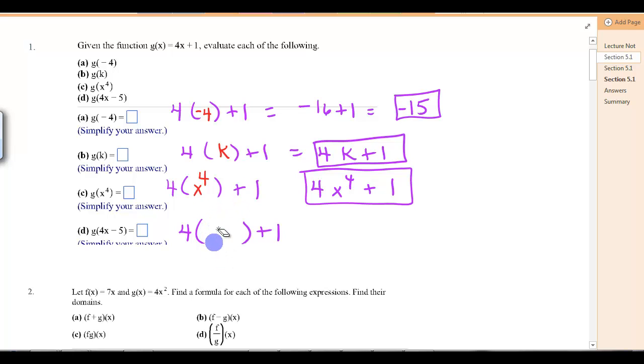We want red so we can see it. We're now going to have to distribute, and we end up with 16x minus 20 plus 1, which is 16x minus 19.